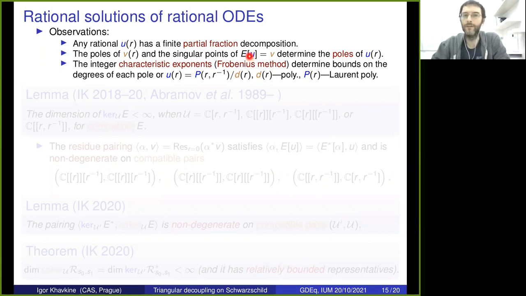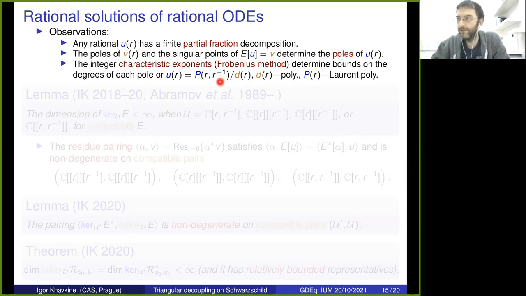In particular, once you use this universal denominator and write your rational ansatz as a numerator, which you could say is just a polynomial in r, or more generally a Laurent polynomial in r, over this denominator, then the Frobenius method tells you bounds on the maximal order of the pole of this coefficient at 0 and at infinity.